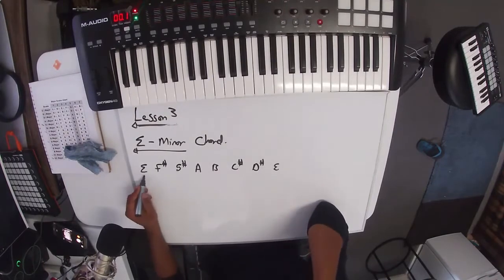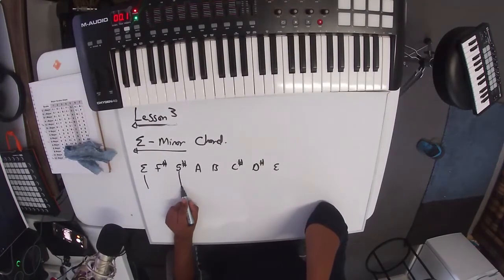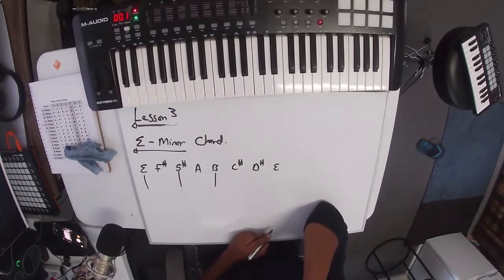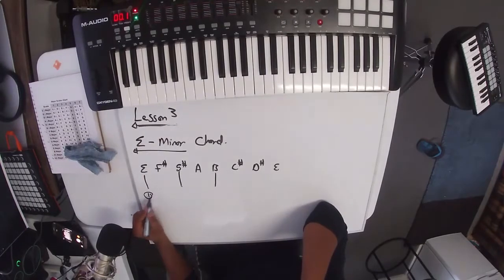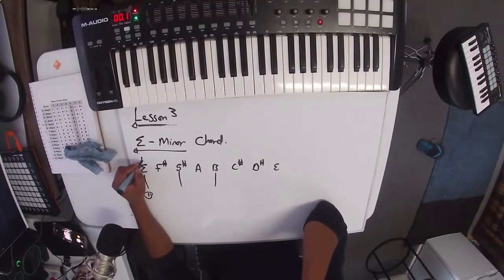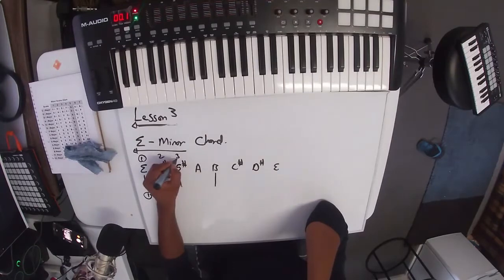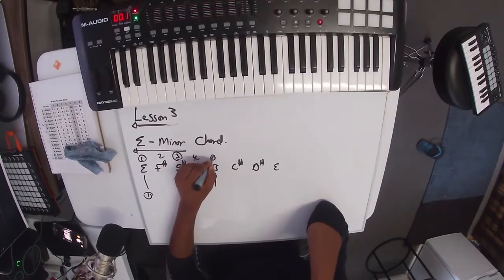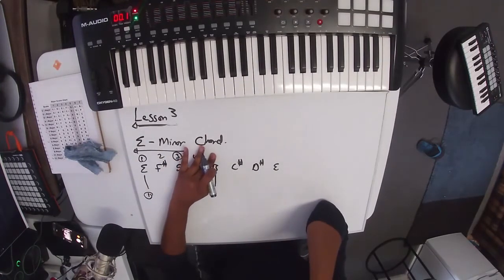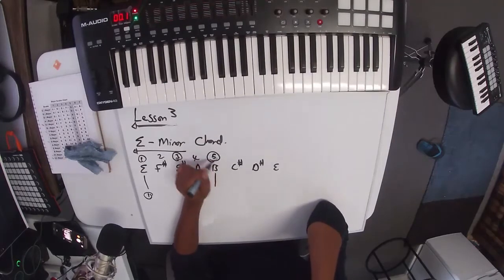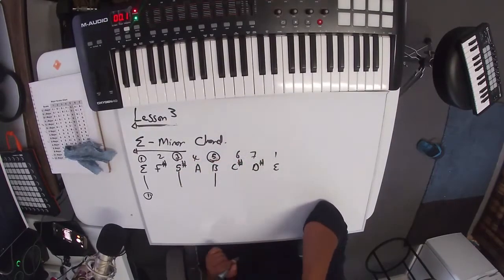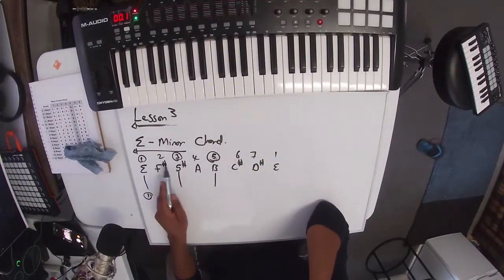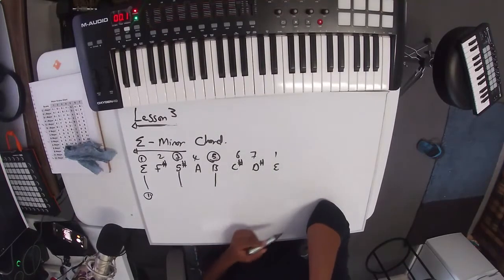Then we take the 1, we flat the 3, and then we play the 5. So 1, 2, 3, 4, 5, 6, 7, 1.